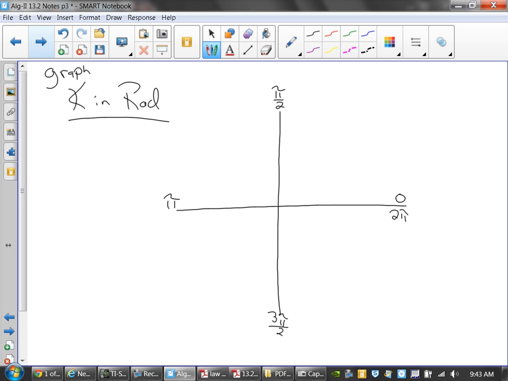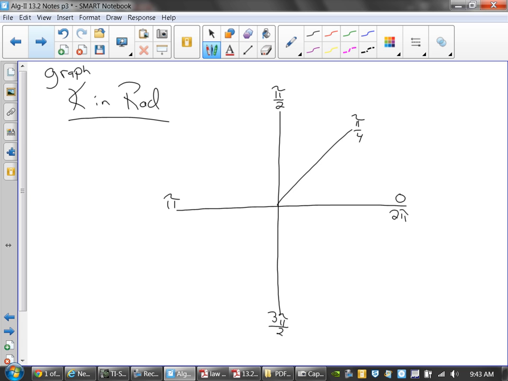Now, the easiest stuff to do, since you marked off the quadrantals, you marked off all your 90-degree angles. Well, what's the easiest one to cut that in half with? 45. So this becomes pi over 4, yeah.